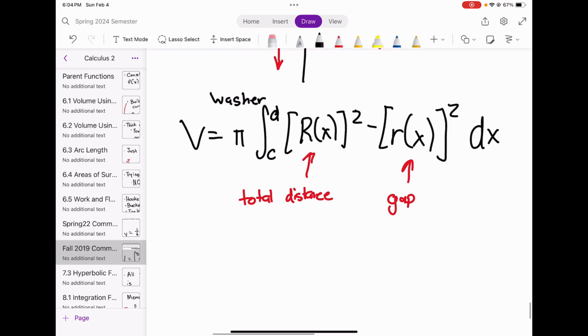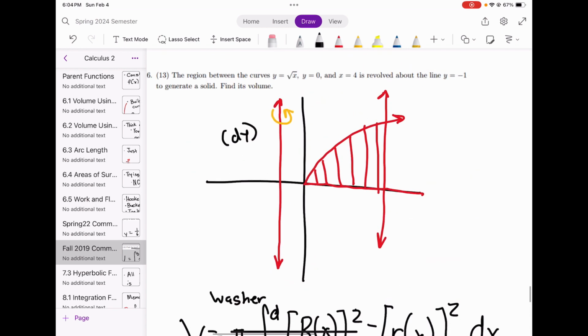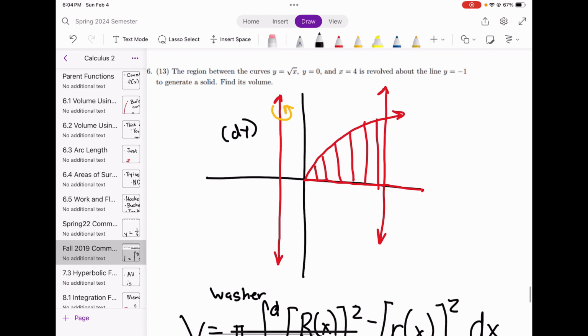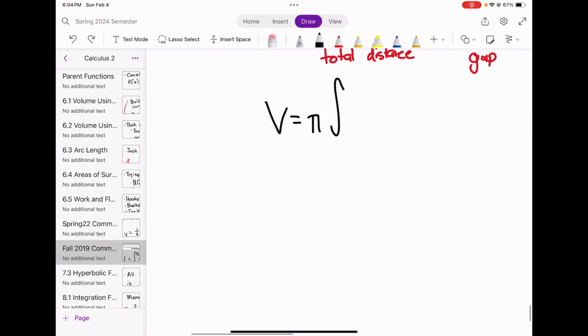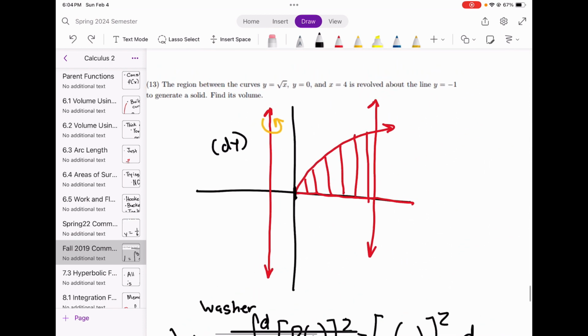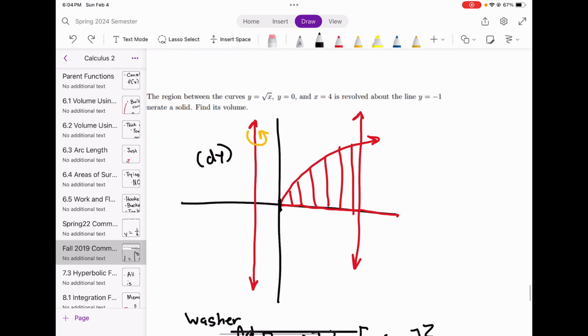So let's start plugging in values. V is equal to pi, the integral from, and that's pretty simple, right? It starts at 0, and they give us x is equal to 4 as the end, right? So it's going to be 0 to 4. No, hold on. Mistake. It's dy.